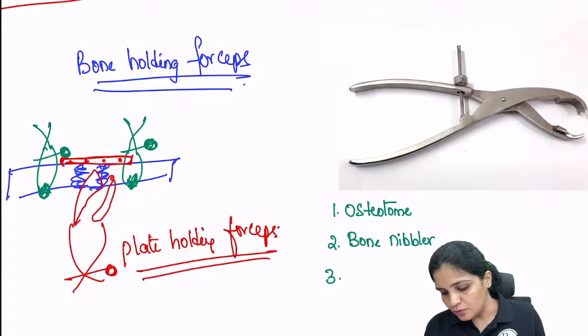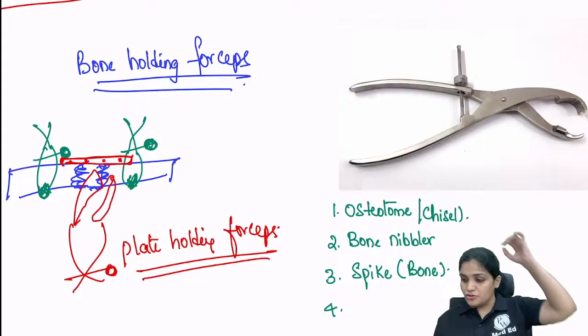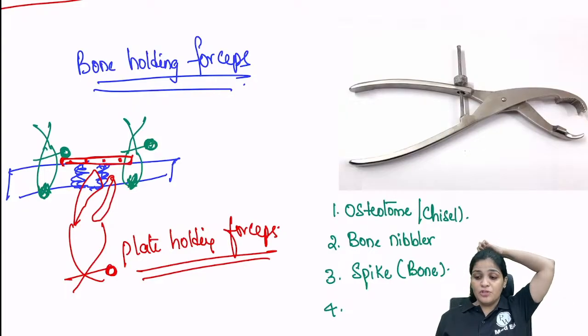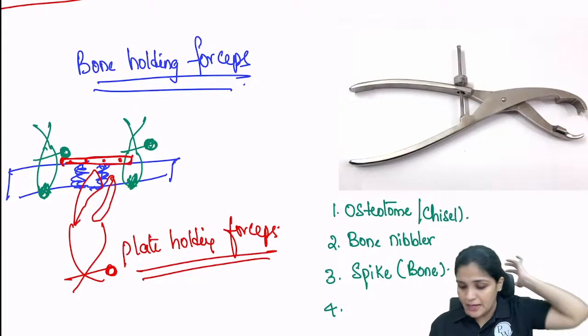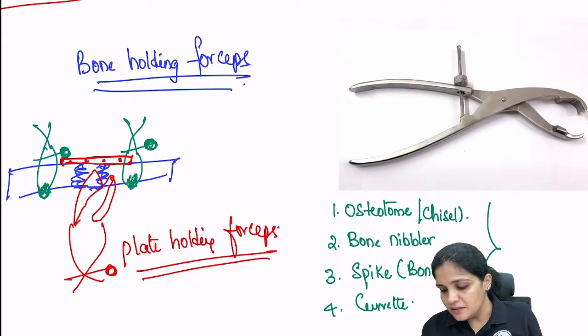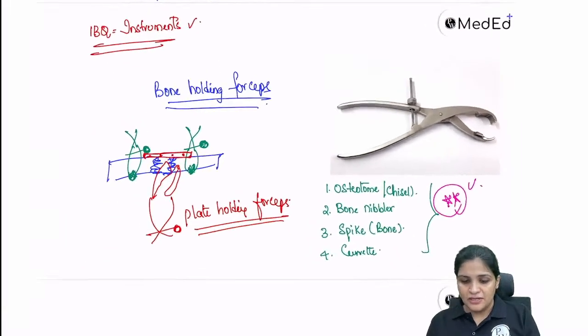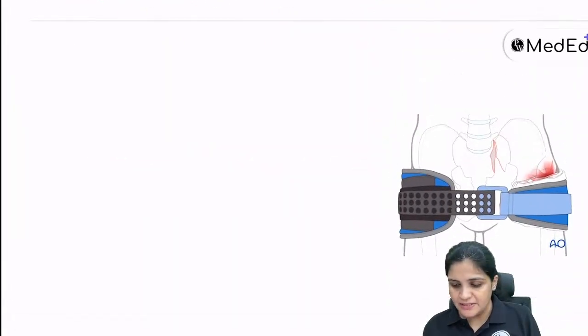Then they can ask you about the bone spike, and osteotome or chisel, bone holding forceps, and curette. So these are certain important things. Just before the exam, you're going to have a look and go, right? So that is about the instruments. Now what is this?